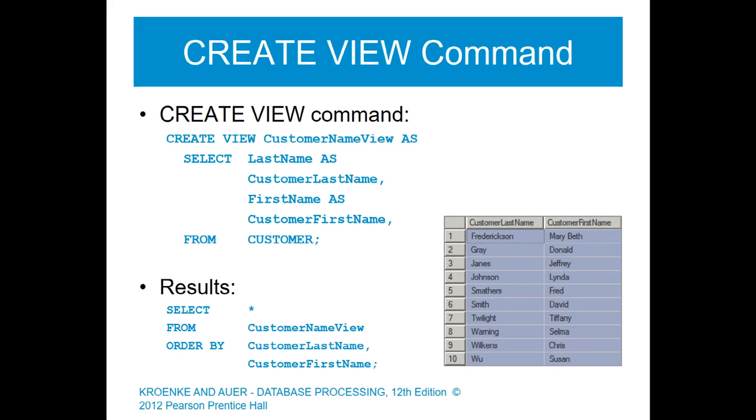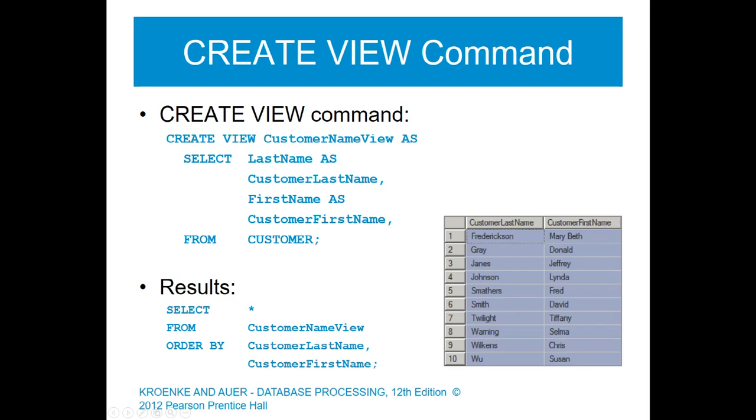Now, does star give us everything in the customer table? No, it gives us everything in customer name view, which was a total of 2 columns. And of course, if you look at how it ran, it thinks that the aliases are just the column names, right? And now we want to do an order by, and here's where we drop our order by. We're not allowed to drop our order by into the view, but we can drop our order by into the select that uses the view.